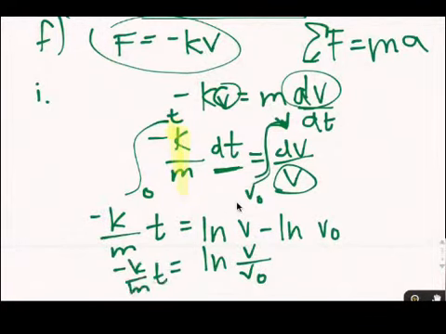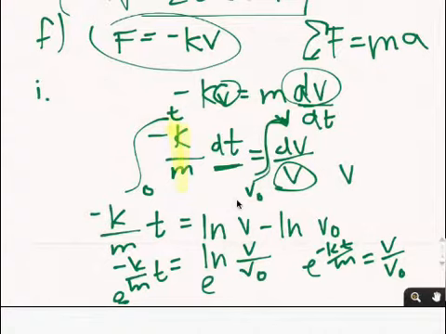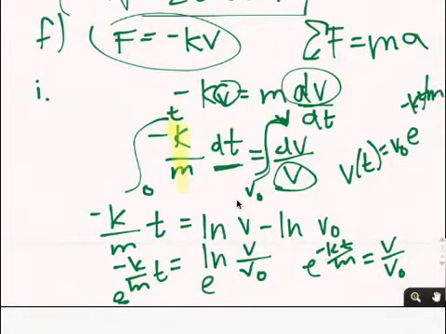We do e to both sides, and that gives you e to the negative kt over m equals v over v naught. And what are we solving for? We're solving for the velocity. So we get v of t, equals v naught times e to the negative kt over m.